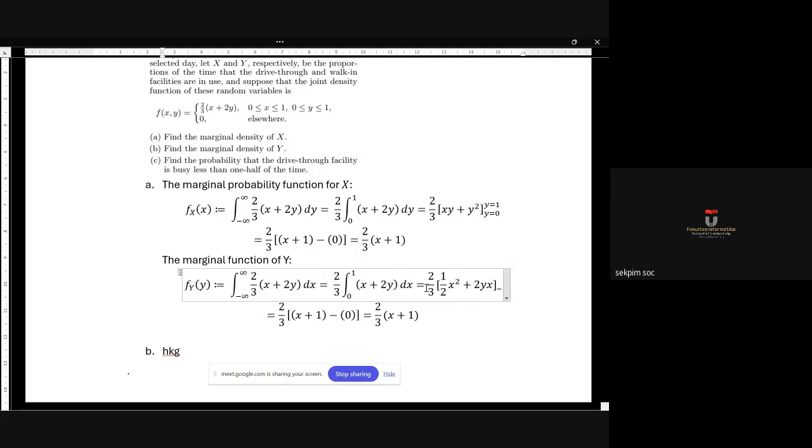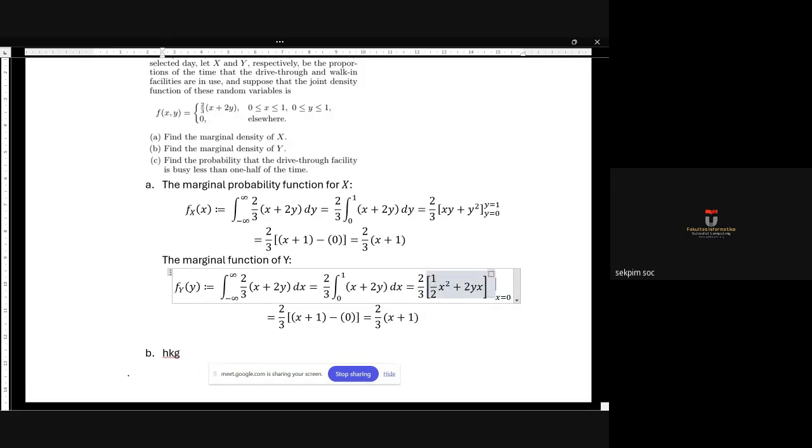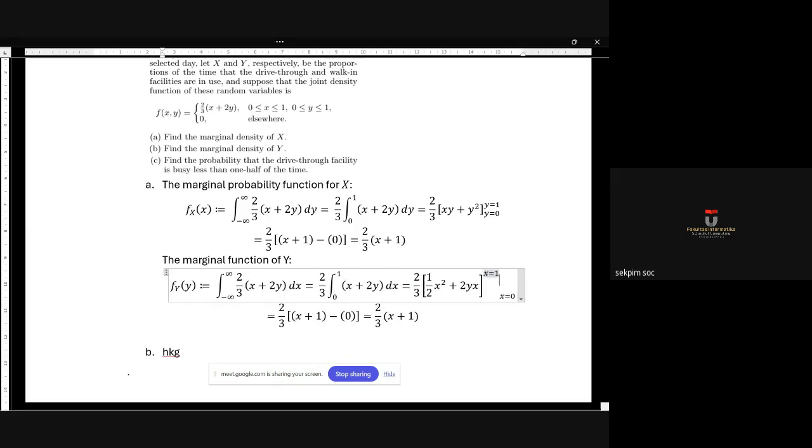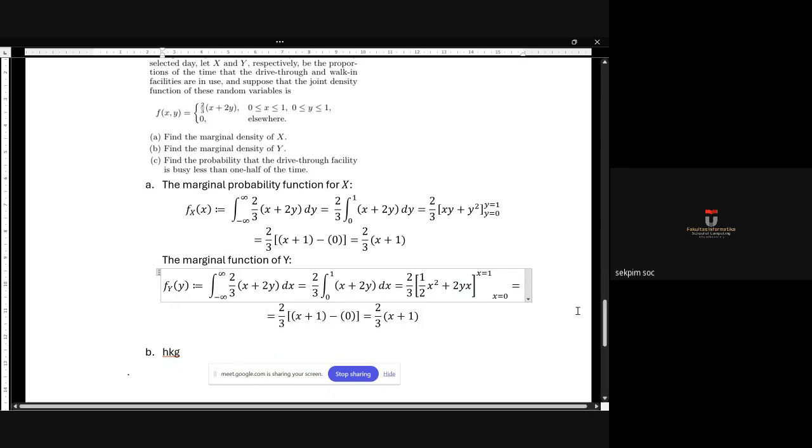This is for x equal to 0 to x equal to 1. Okay. A little bit messed up, but you can still understand.